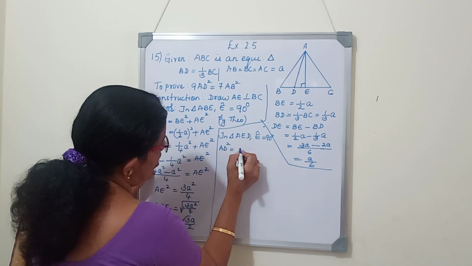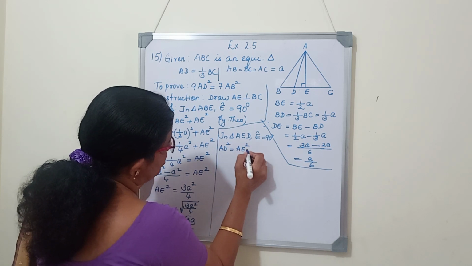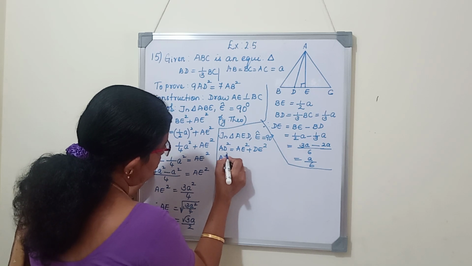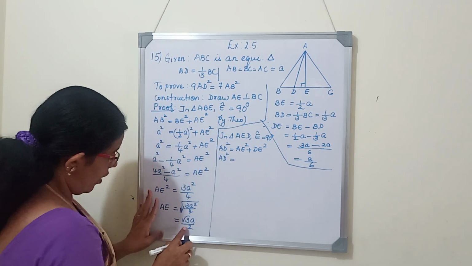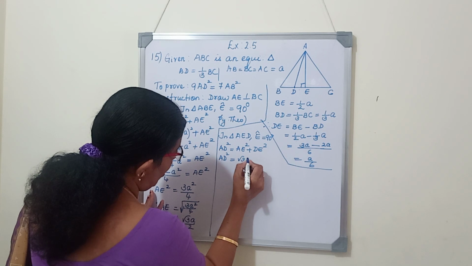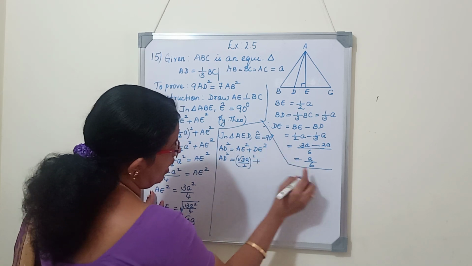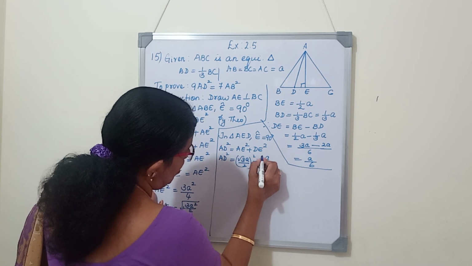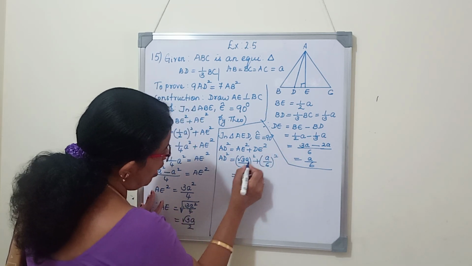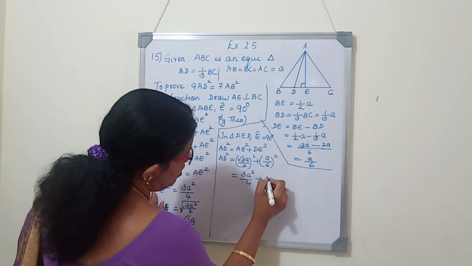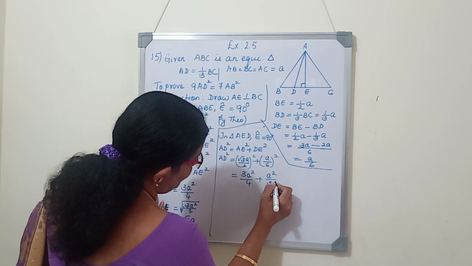AD square equals AE square plus DE square. AD square we will write as it is. AE square. What is the value of AE? Root 3A by 2, the whole square, plus DE we have already here, A by 6, the whole square.